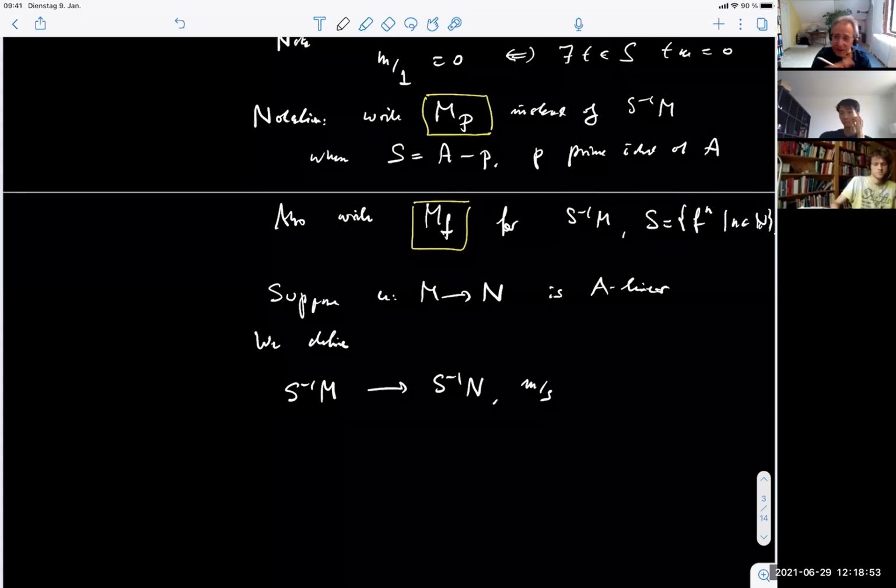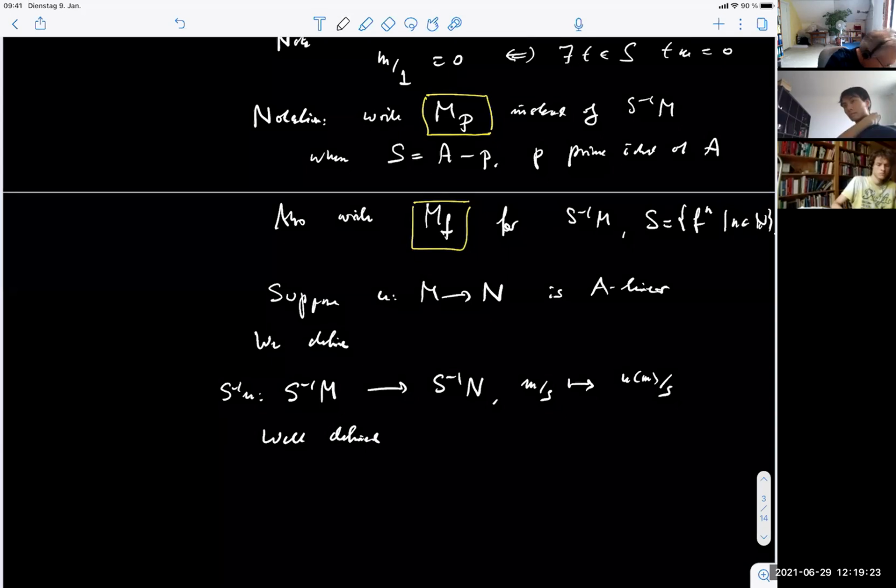You see there is a difference to the tensor product. Here it's easier because every element has this form. So I have an element m over s, and I map it to u of m divided by s. It has a name, S to the minus 1 times u. It is well defined.